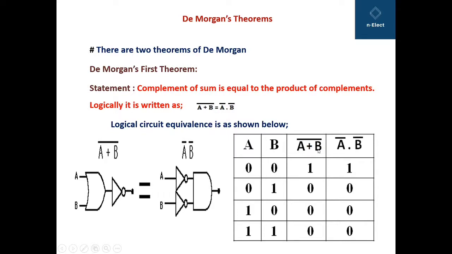A plus B, that is 0 plus 0, will be 0, and 0's bar will be 1. So I will get 1 here. On the right hand side, A bar means 0's bar, that is 1. Again B bar is 1, and 1 into 1, I will get 1. So the left hand side matches the right hand side. Similarly, you can go for all the conditions and all of them will hold true.